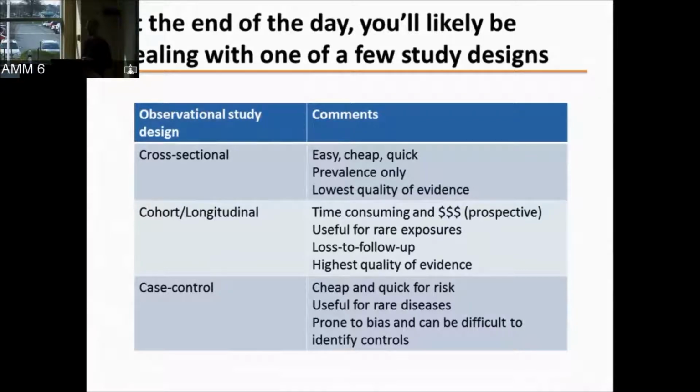They're probably one of the highest quality of evidence studies you can do for observational epidemiology. They're generally expensive to do, particularly if it's a prospective study where we're starting something today and following them into the future. You also have issues to deal with about loss to follow-up, so patients don't come back over time. And then there are also case control studies, which I'm not going to really talk about here.